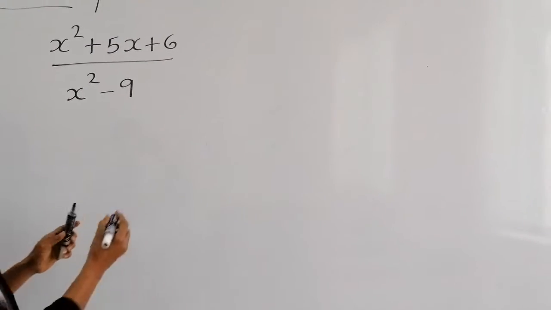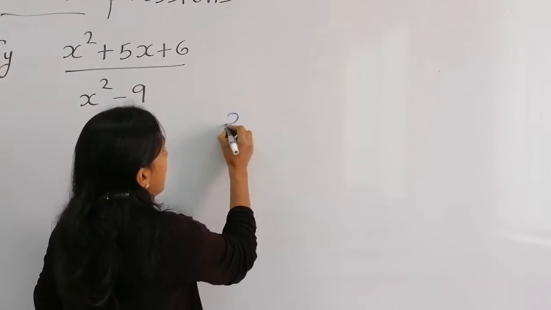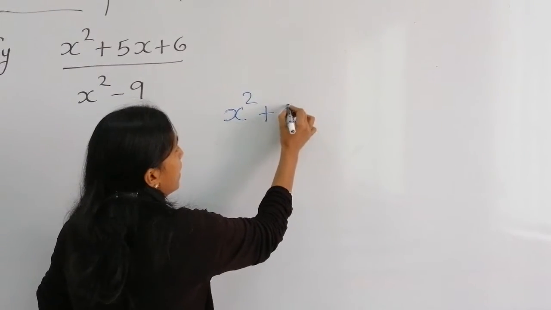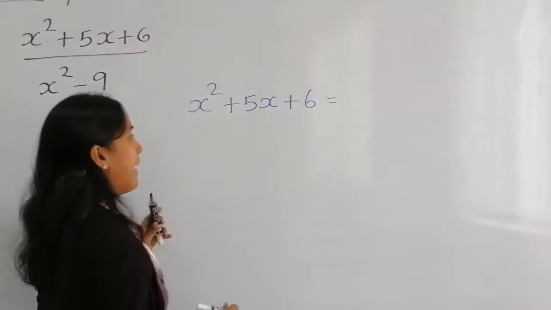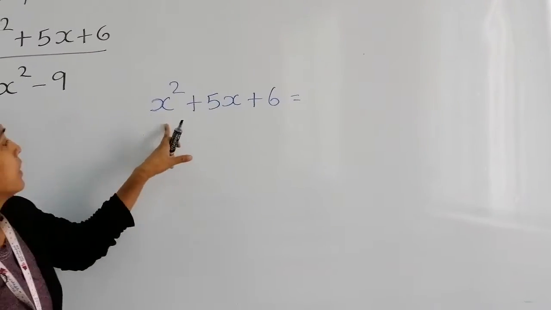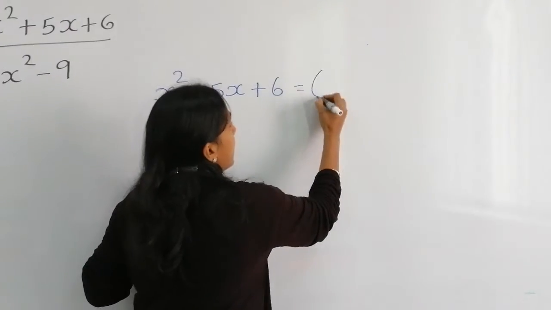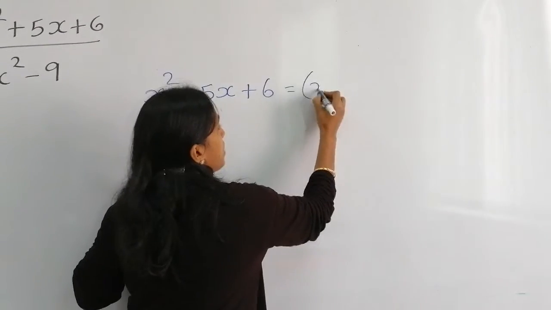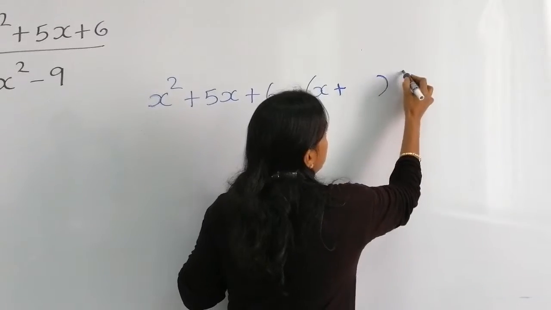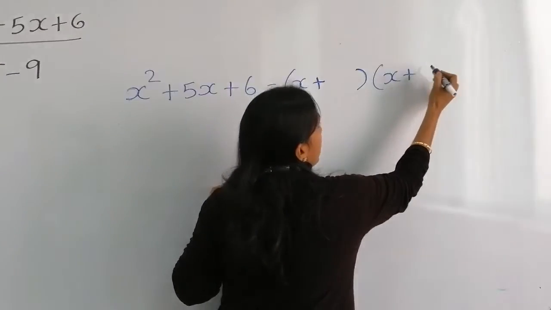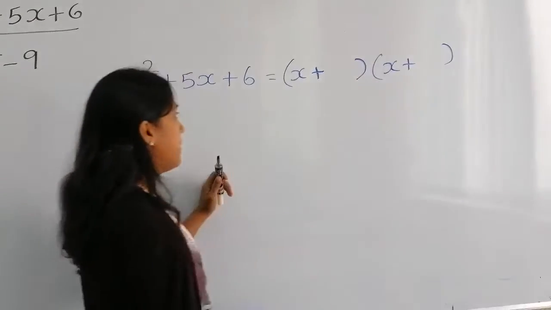The numerator is x squared plus 5x plus 6. As you studied before, when we factorize this expression, we will get x plus one number and x plus another number.